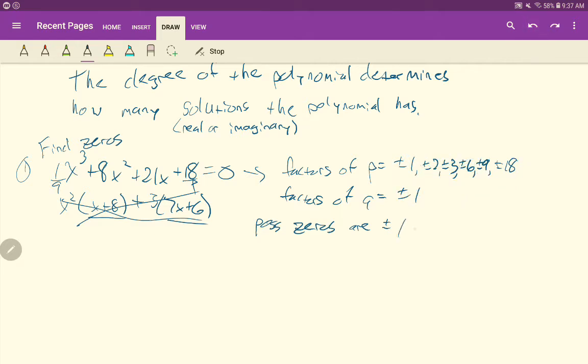So that's all going to just be plus or minus 1, plus or minus 2, plus or minus 3, plus or minus 6, plus or minus 9, plus or minus 18.